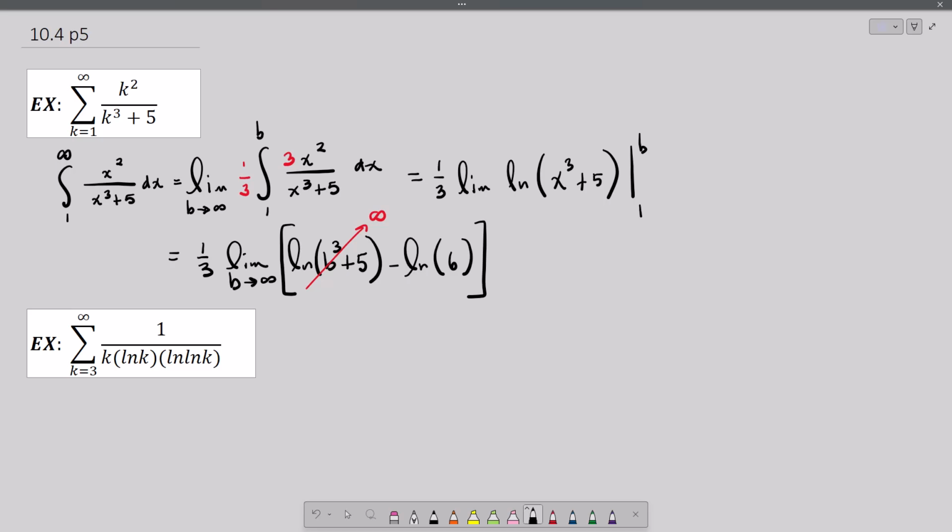And then we divide by 3, which doesn't change things, so that's infinite. This is not a positive real. Therefore, the integral diverges, which means the series also diverges. So here we can say, therefore, both diverge. We don't have to put anything else. This is totally fine if both are diverging.